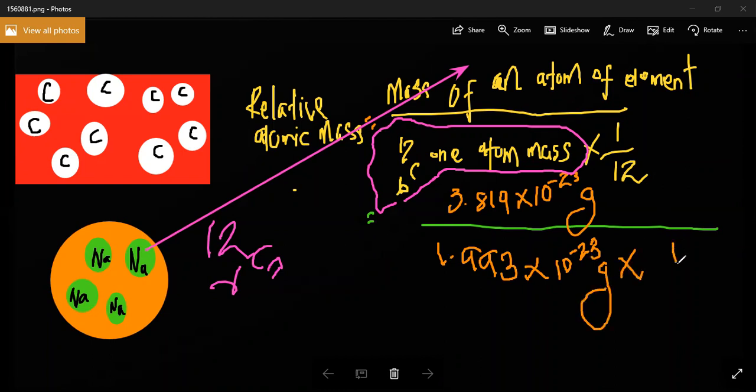Then the 1/12. I will explain this very clearly using the musket and the cake. Let's see, just to take the idea first. Now look, relative atomic mass we have found for what? For sodium.